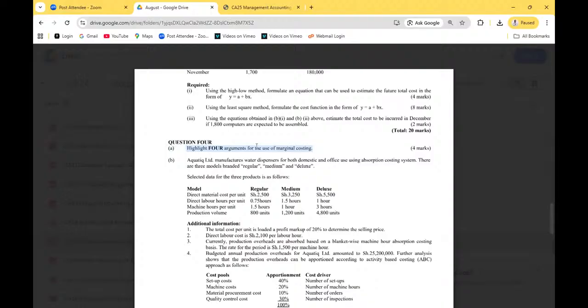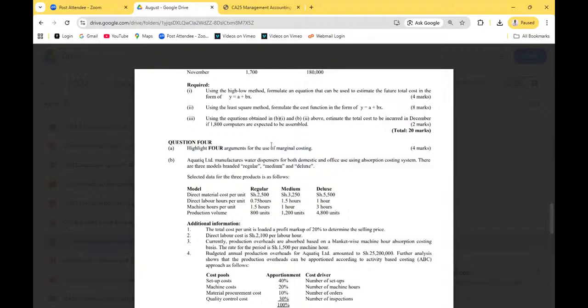Then it facilitates contribution analysis. Yes. In marginal costing system, remember topic number 8? Yes. It is an extension on an application of marginal costing. Topic number 8 is one of the applications of marginal costing system. So it actually facilitates contribution analysis.